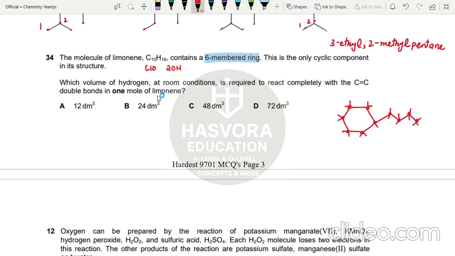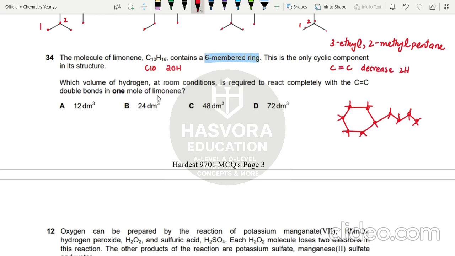So one thing I want to tell you is that each ring structure reduces the hydrogen atom number by 2, and each double bond also decreases 2 hydrogen atoms.